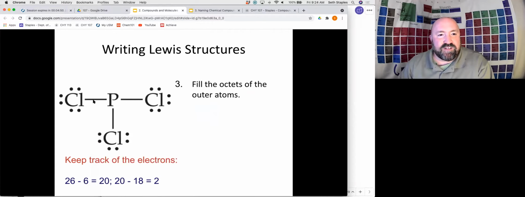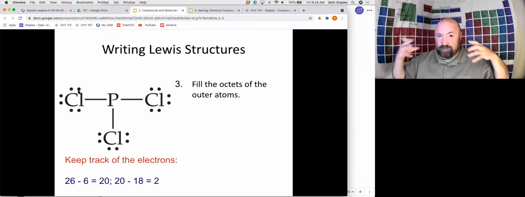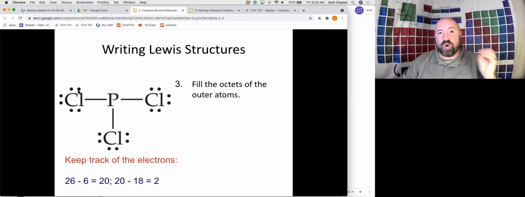So we're going to place these electrons around to fill our octets for every atom. So every atom wants its 8 electrons. We start with the outer atoms first. So we're going to fill up the octets of the outer atoms. So we're going to put another 6 here around chlorine. It already has 2, it's got these 2 from this bond. So 2, 4, 6, 8. And then we'll do that to the rest.